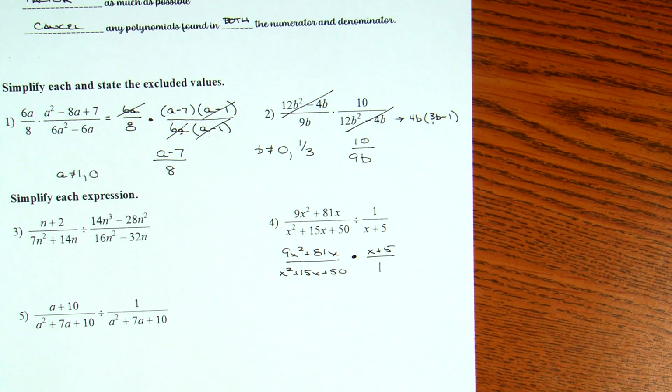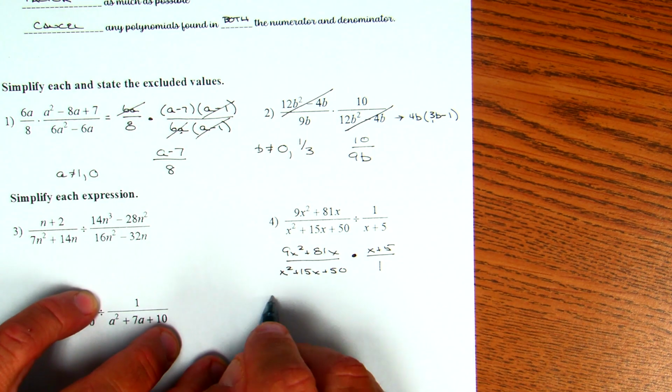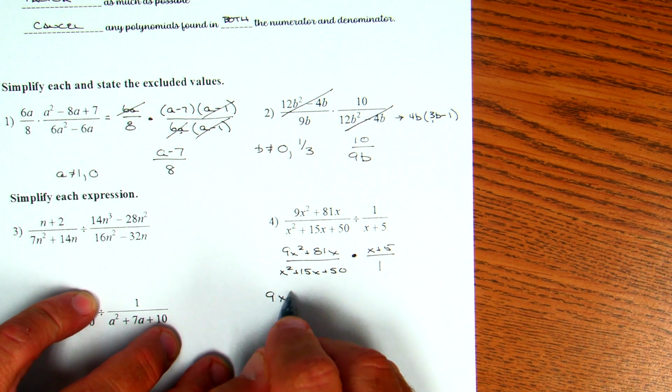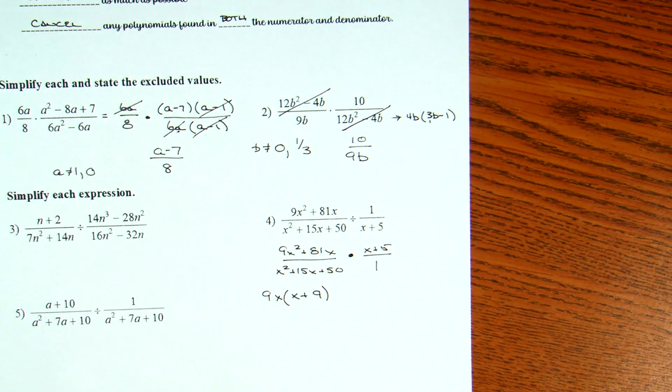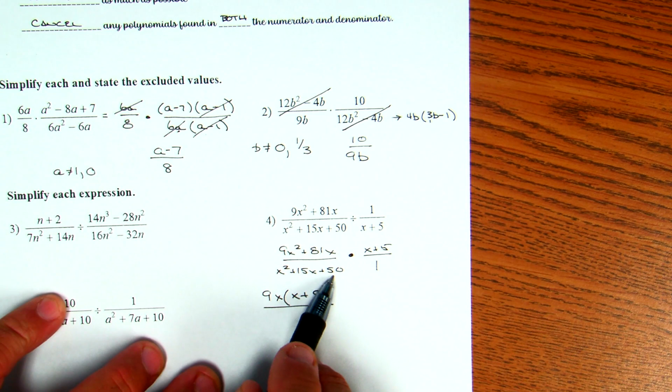Now I'm going to start factoring. Does 9 go into 81? Yep. Do they both have an x? Yep. So that gives me 9x. And then when I'm done factoring out, I got x plus 9. On the bottom, 50 breaks down into 10 and 5.